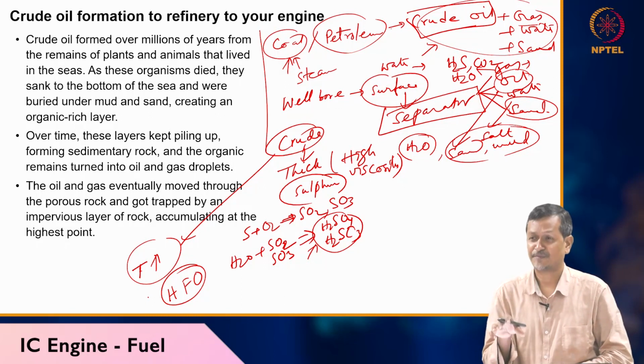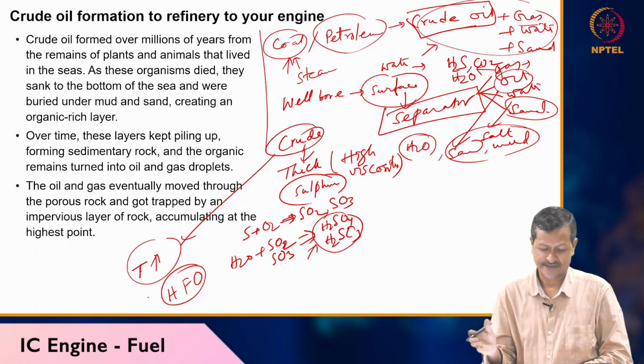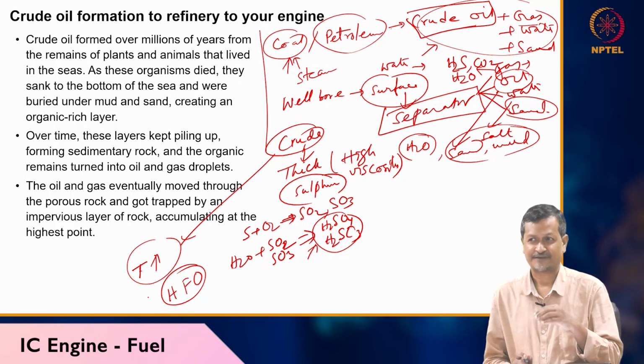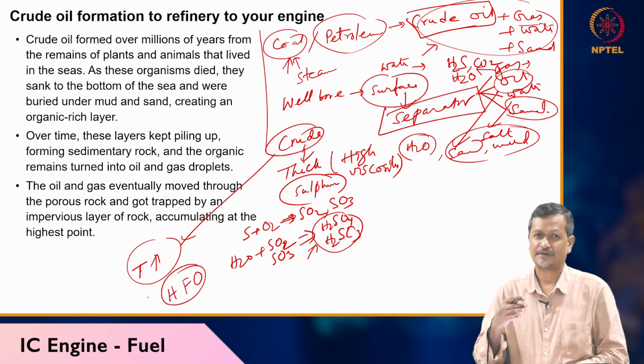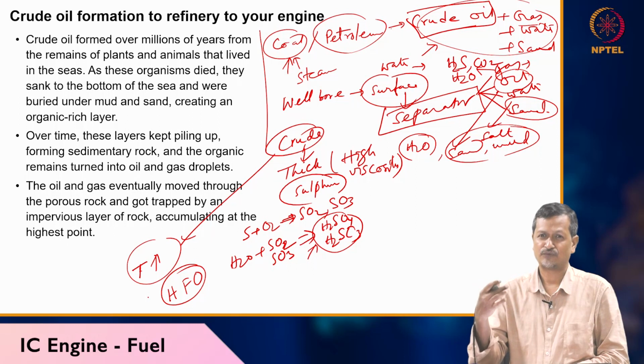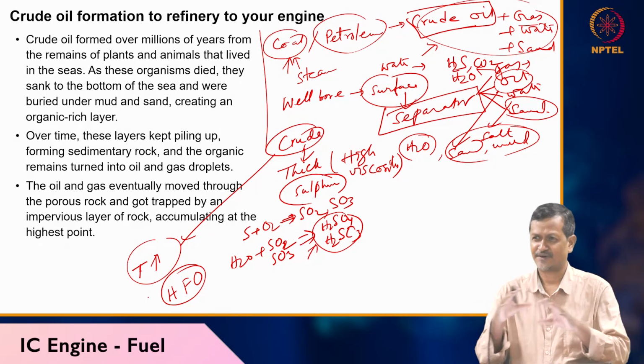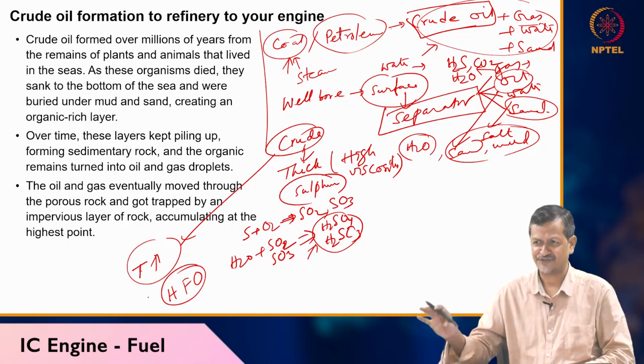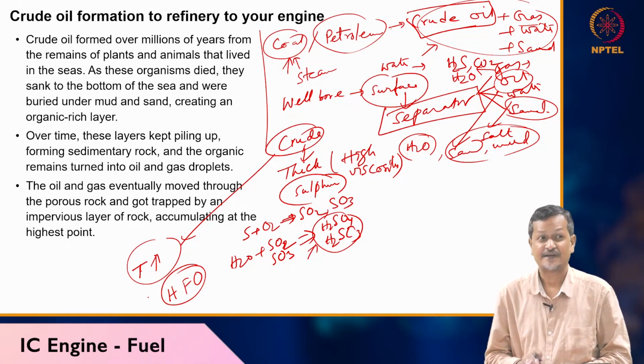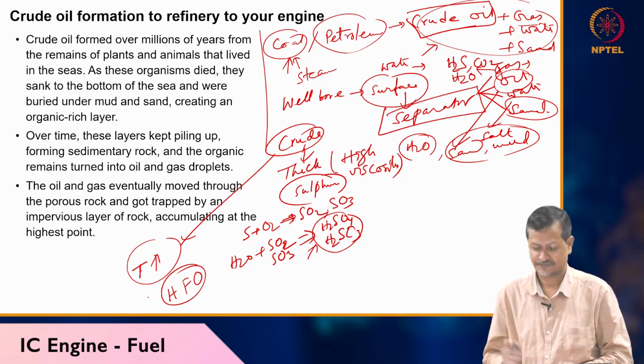So combustion may not be proper and it will produce harmful gases. So many agencies say, okay, don't use heavy fuel. But it is cheaper, because from the refinery you do not need to refine it properly. Some thick fluid with other content also can be used for your engine, okay. Normally this will be used for diesel engines.